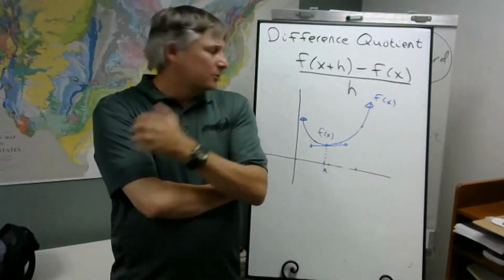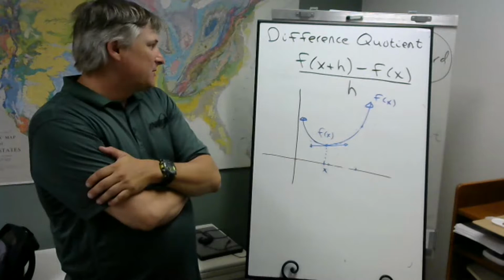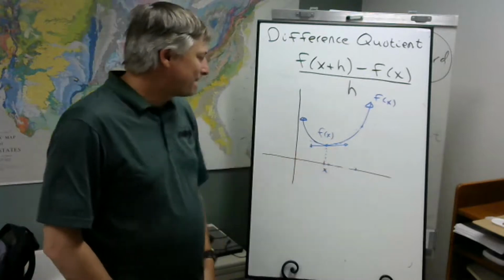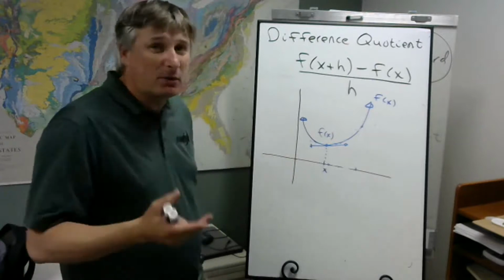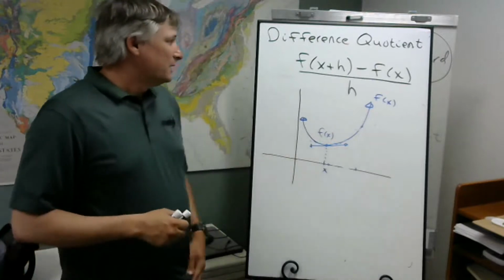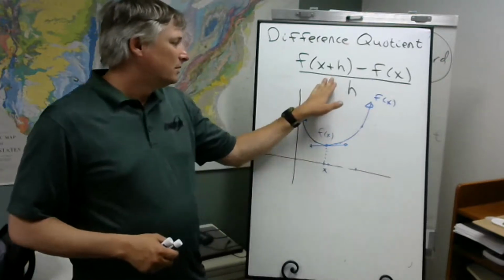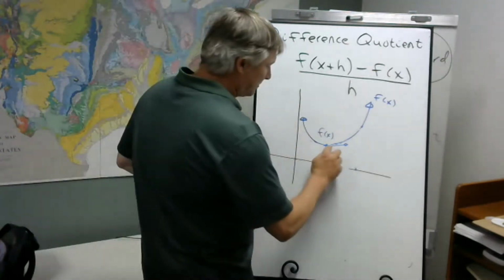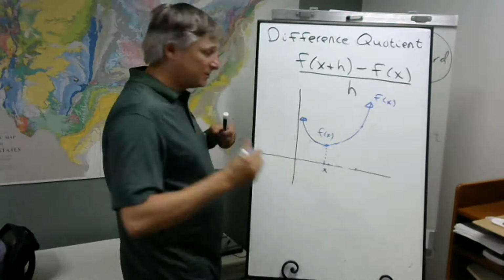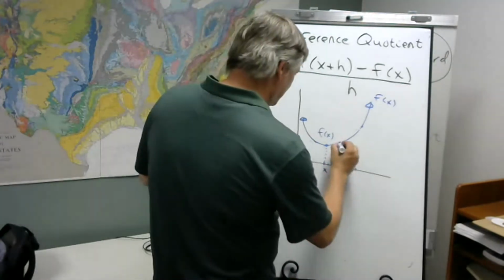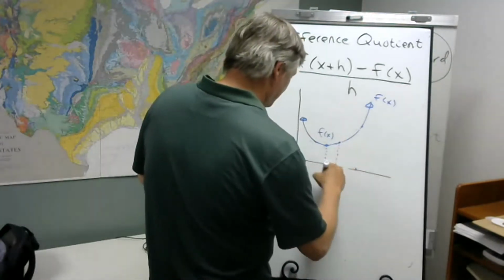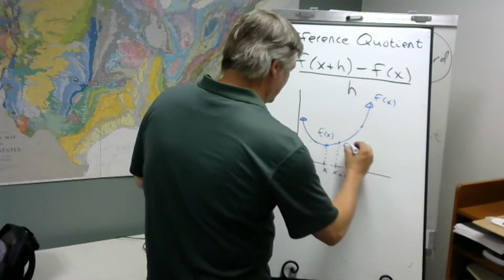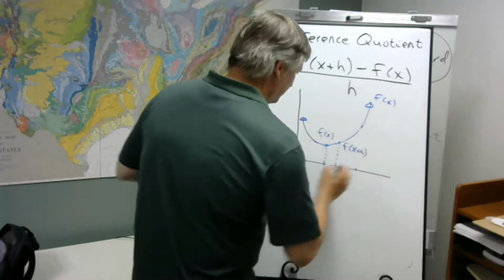So the reason we use the difference quotient is it's going to let us create, ultimately, this tangent. Now what's going on here? Technically what we're actually doing is finding the slope of the tangent line. We'll talk about slope a little more, but we're going to find the slope of this tangent line. Go back here, x plus h. This is f of x plus h.